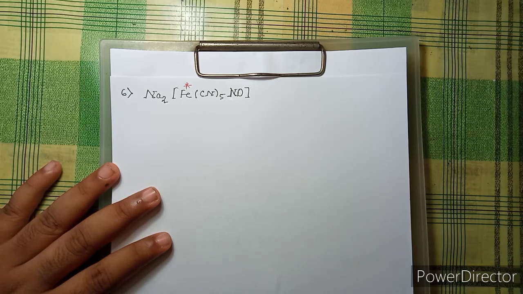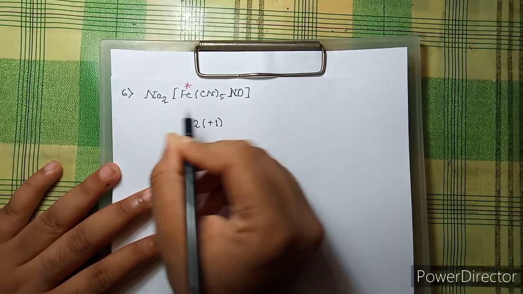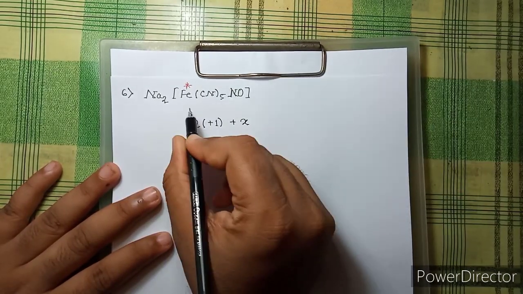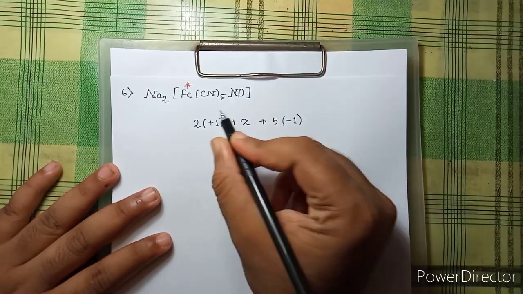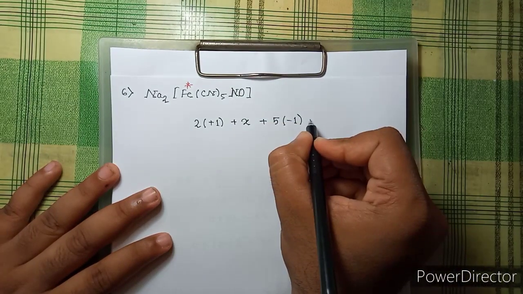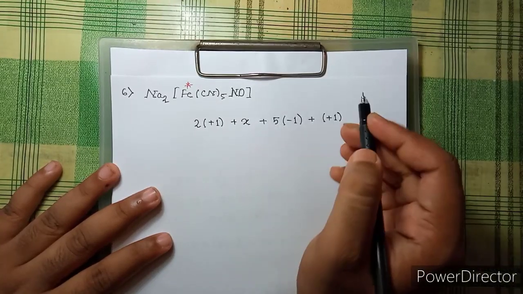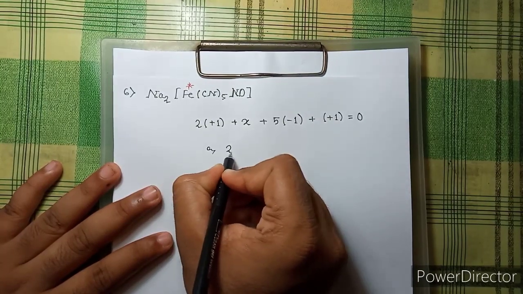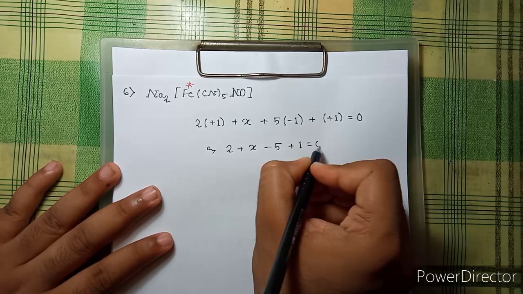Let the oxidation number of iron be X. So let's start. 2 into plus 1 for the 2 sodium atoms present here, plus X for this iron atom, plus 5 into minus 1 for the 5 cyanide ions, plus 1 for this nitrosonium ion, and the overall oxidation number is 0, or 2 plus X minus 5 plus 1 equals 0.